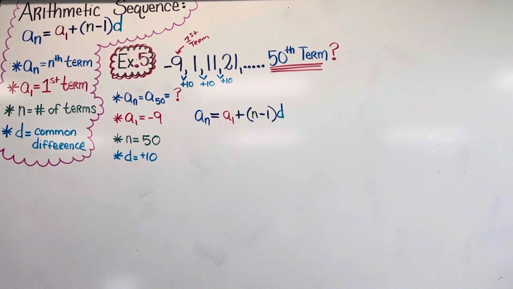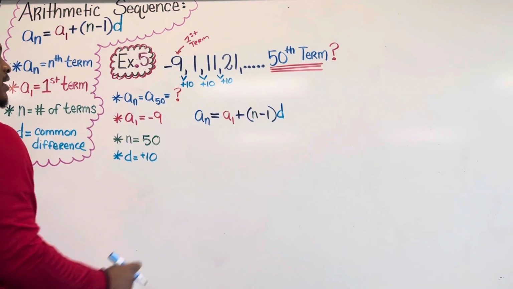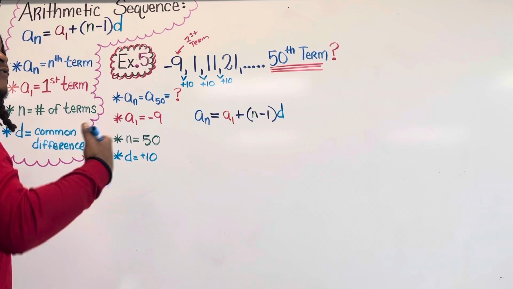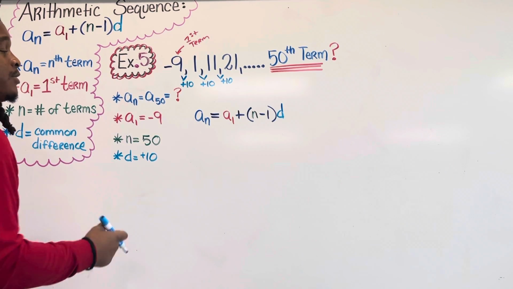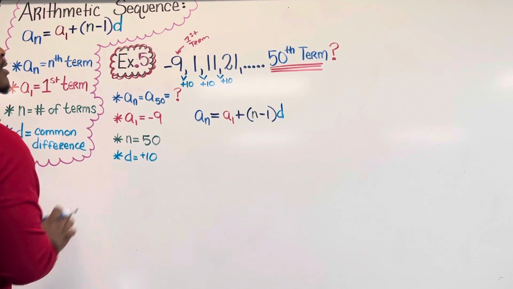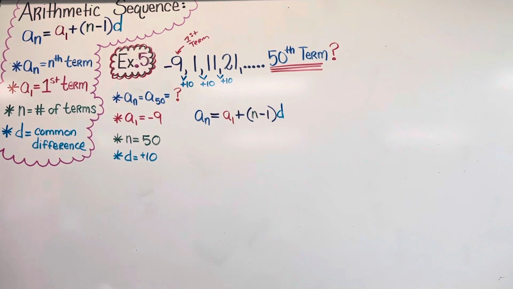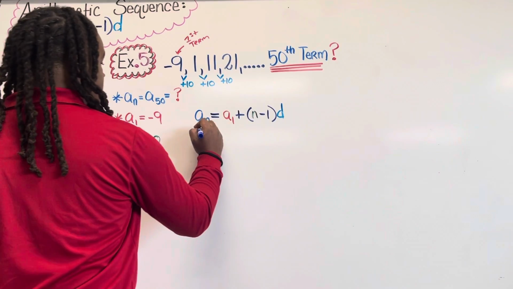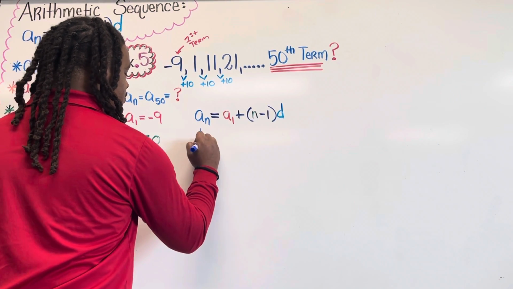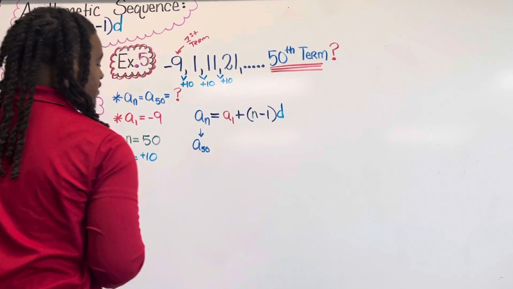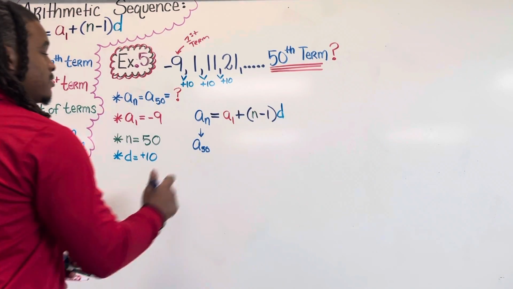Okay, so all we have to do, guys, is match everything. And if you notice about my videos, I always color code everything. So if this is your first time learning this, or you're having trouble, you can easily depict what I'm talking about. That's why I put everything in different colors. So let's start. An in this case would be A50, because we were trying to find the 50th term within this sequence.